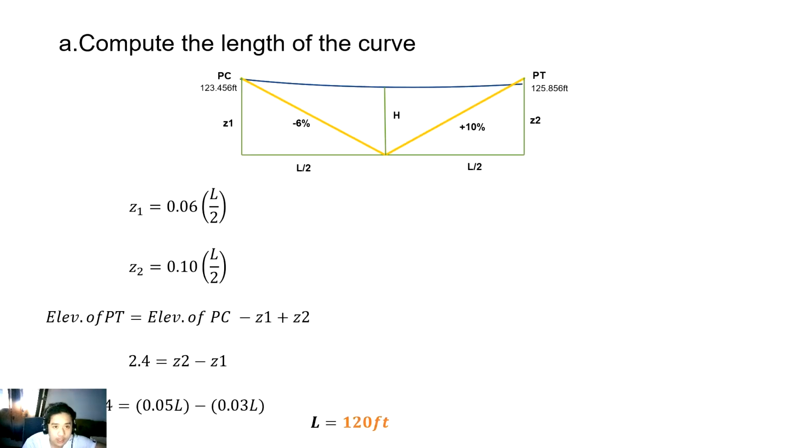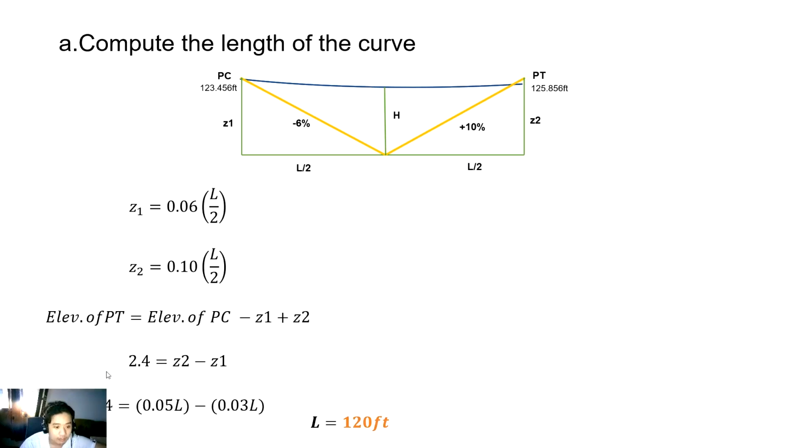So, for letter A, compute length of the curve. So, katulad ng kanina, ganun pa rin ang ginawa natin. Una natin kinuha yung sa Z1 at sa Z2. So, 0.06 L over 2 para sa Z1, and sa Z2, 0.10 L over 2.